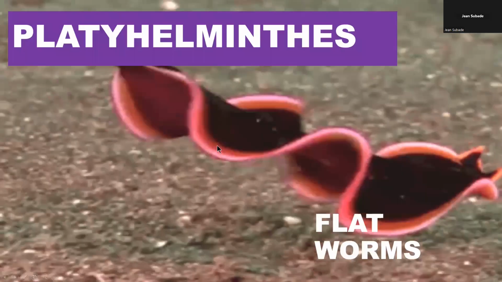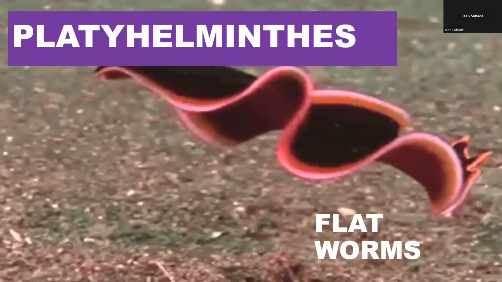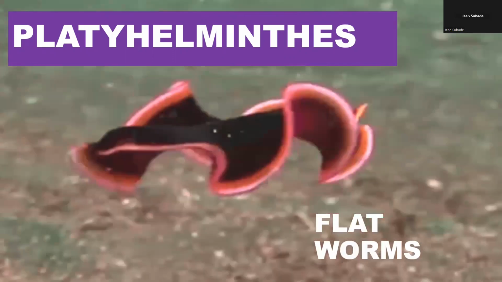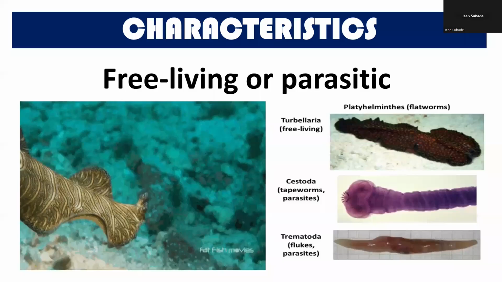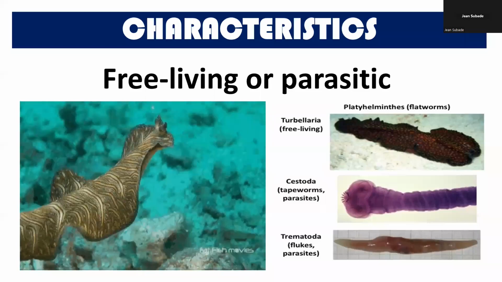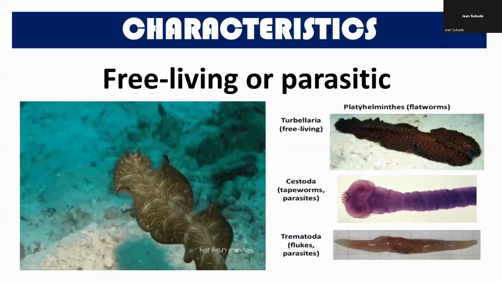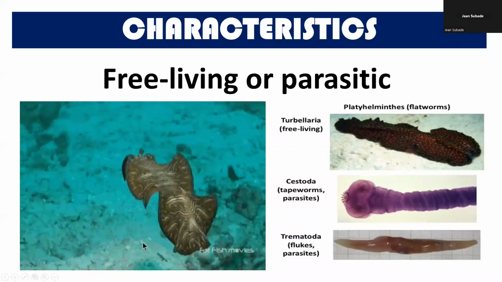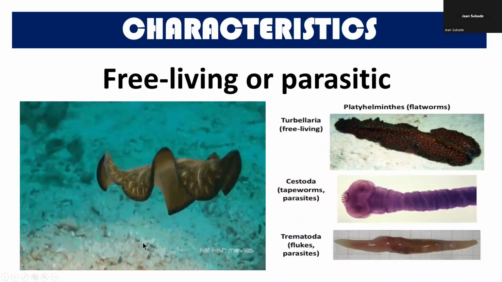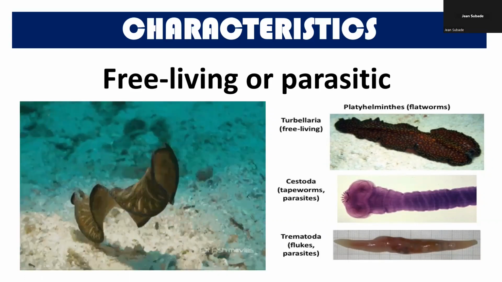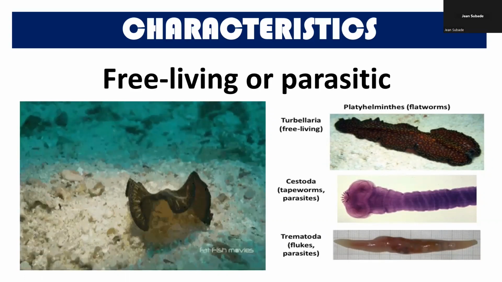Next to the Cnidarians, let's talk about the flatworms, or the Platyhelminthes. These flatworms are in two groups. Some of them are free living, like you see here in the animation. They live in the water. Some depend on their host, and that is parasitic.